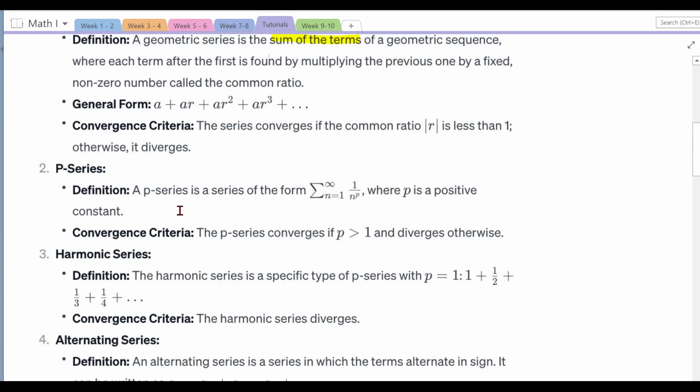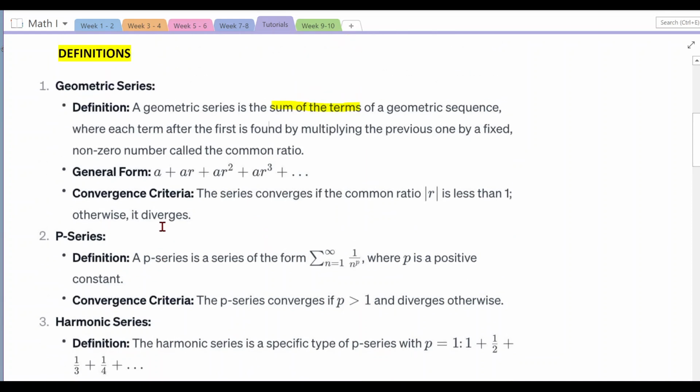And there are also p series. Other than geometric, we also have p series. By definition, a p series is a series of the form sigma from 1 to infinity of 1 over n to the power of p here. I don't know if you can see. Here p is a positive constant.